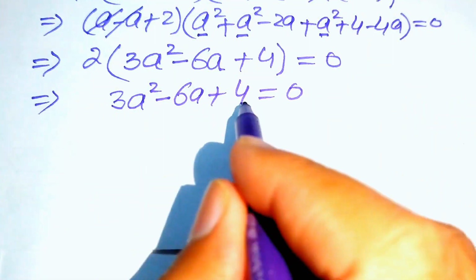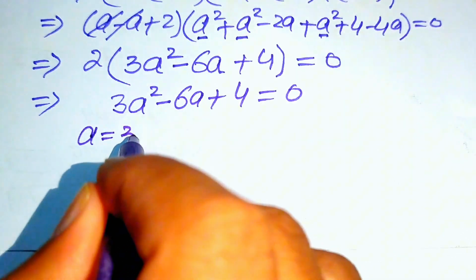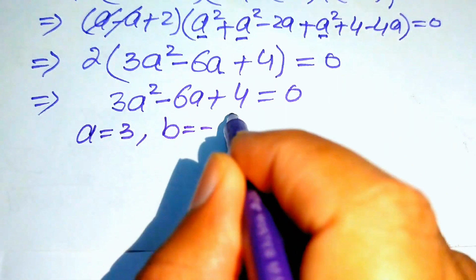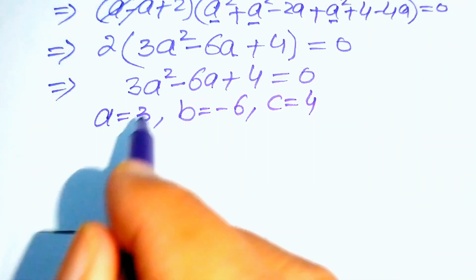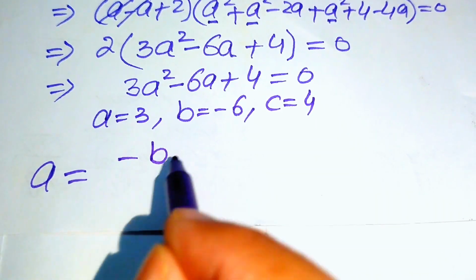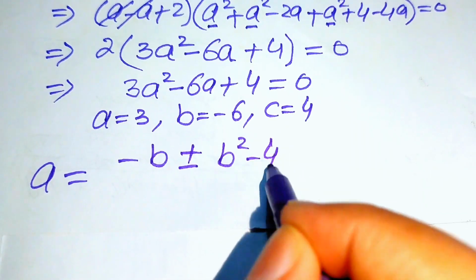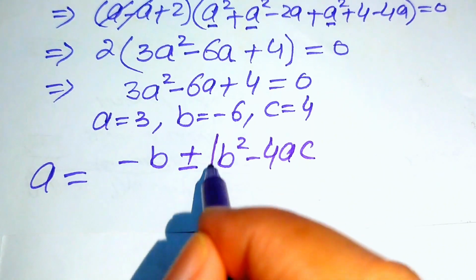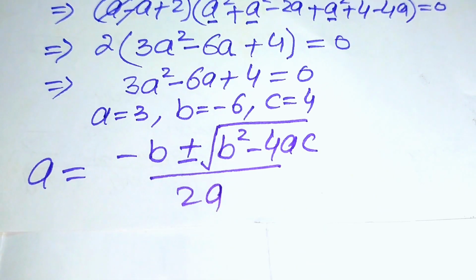First we write the coefficients of this equation: a equals 3, b equals minus 6, and c equals 4. This is the quadratic formula: a equals minus b plus or minus the square root of b squared minus 4ac, divided by 2a.